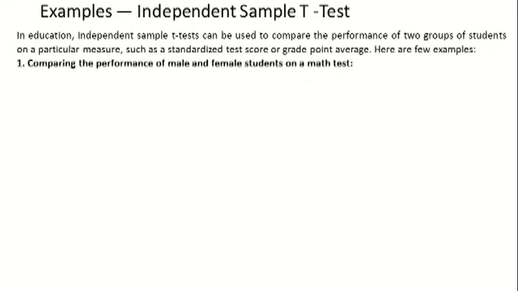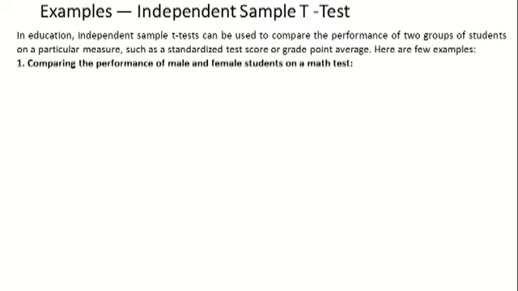Now, I want us to look at examples of t-tests in education setup where we can use independent t-tests and the accompanying hypothesis we have to come up with, because these tests give us a measure on which we test so that we can reject the null hypothesis or fail to reject the null hypothesis.